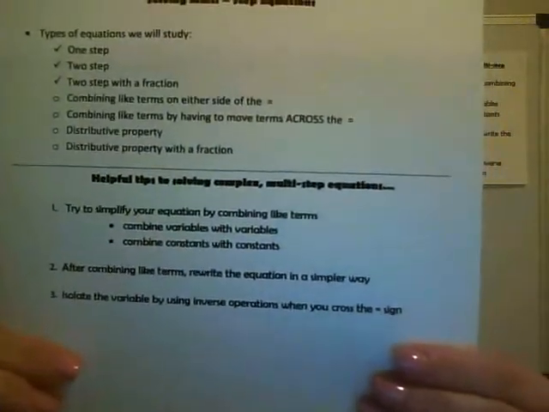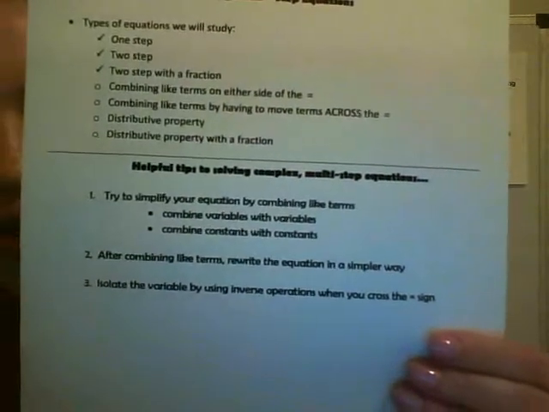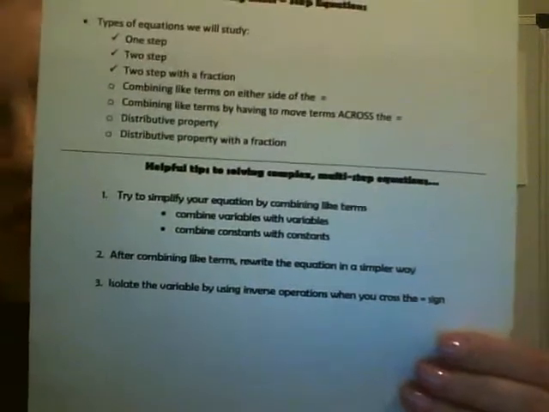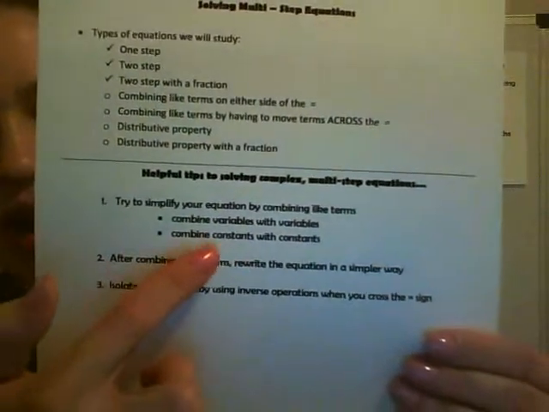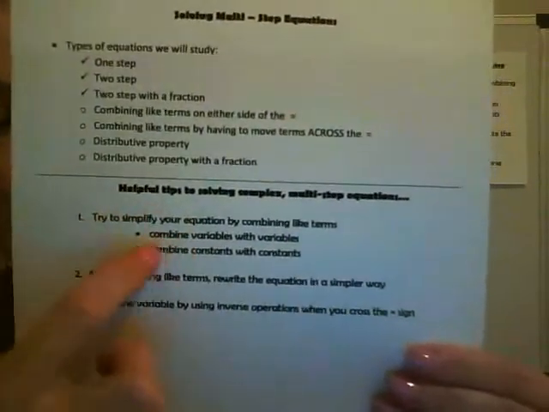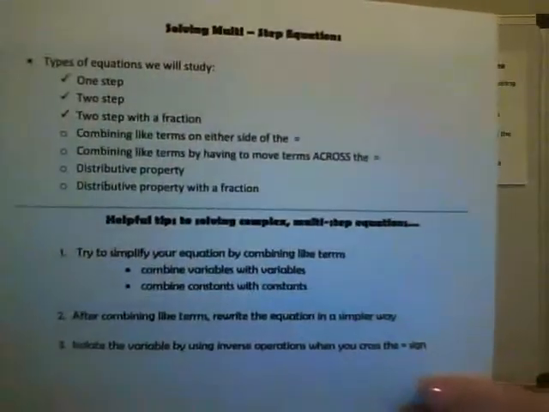That means if we have two sets of variables with the same letter, we're going to combine them. If we have constants, we're going to combine constants with constants. Doing both of these steps will end up giving us a two-step equation.